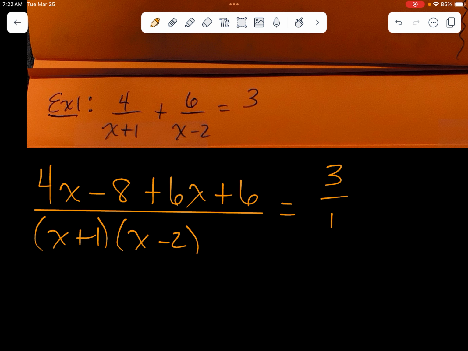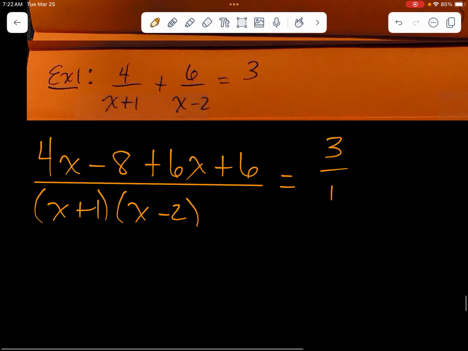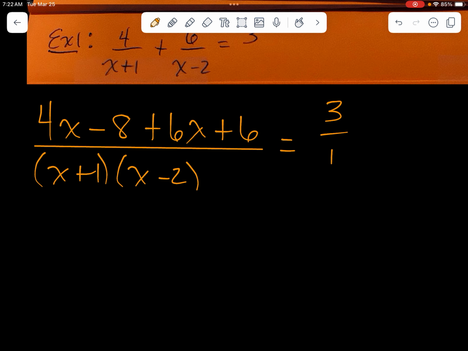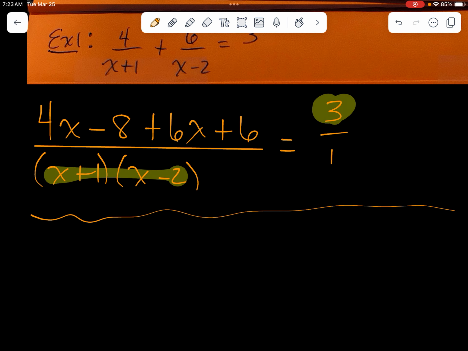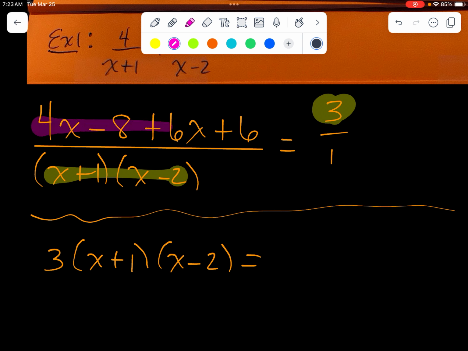So now what we want to do is cross distribute again. So now we're going to cross multiply. We're going to take the 3 and multiply it over here. So we'll say 3 times x plus 1 times x minus 2 equals, and then we are going to multiply everything that we have up top right here times 1.